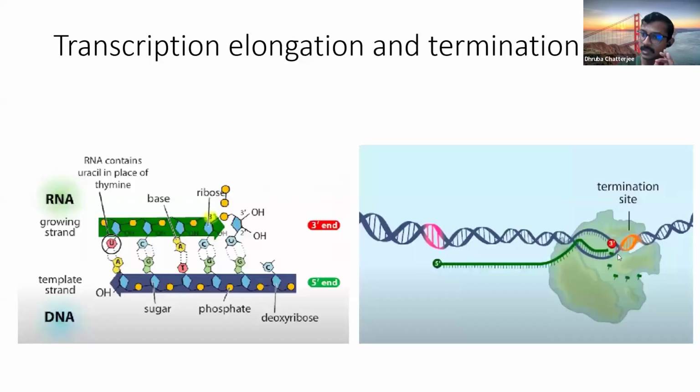There, this entire assembly of the pre-mRNA, DNA, and the RNA polymerase will disassemble, and everybody will fall apart. Then this pre-mRNA will be freely present in the nucleus and will be available for the splicing factors, the spliceosomes, to come in and splice out the introns to form the mature mRNA.